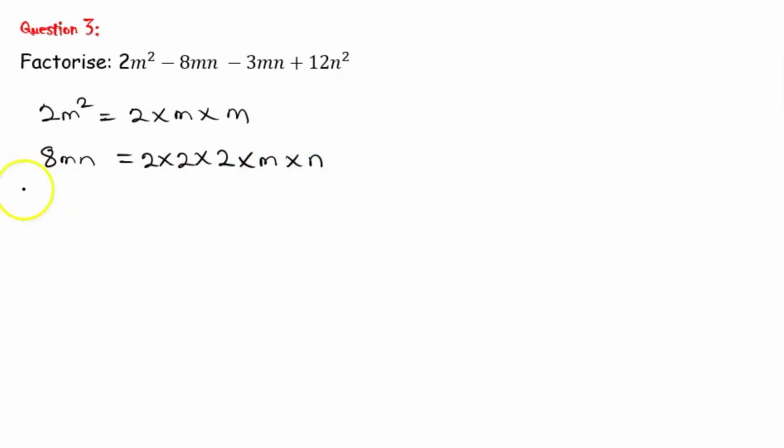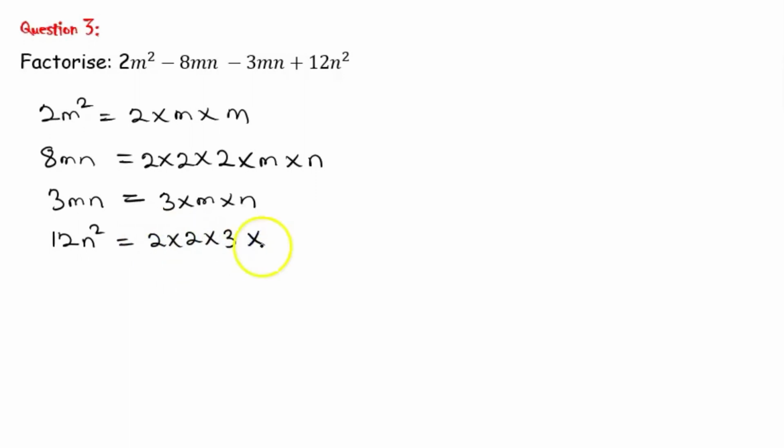Then we also have 3mn, which is simply 3 times m times n. Then we have 12n squared. 12 is 4 times 3. So that's 2 times 2, which is 4, times 3, that's 12, then times n times n.